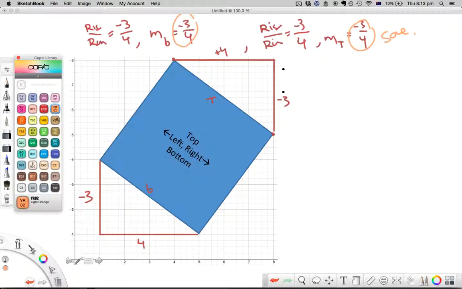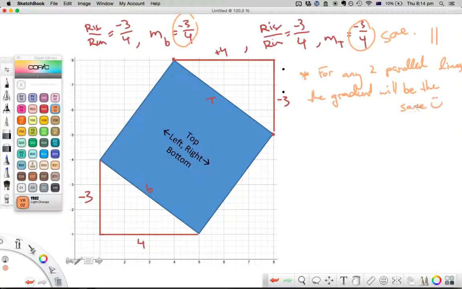So we can conclude that for any two parallel lines, like train tracks, the gradient will be the same.